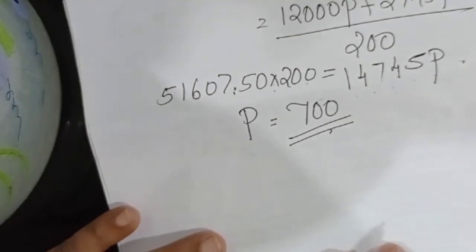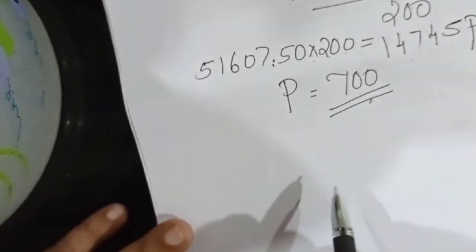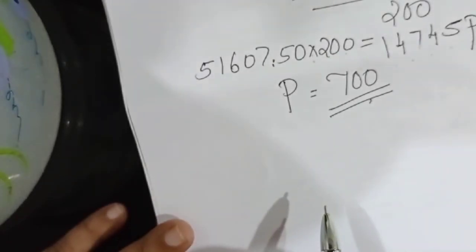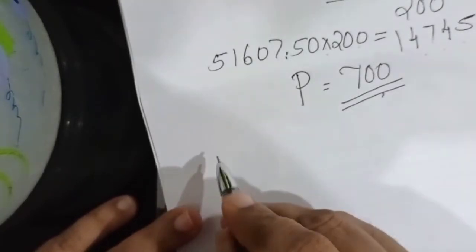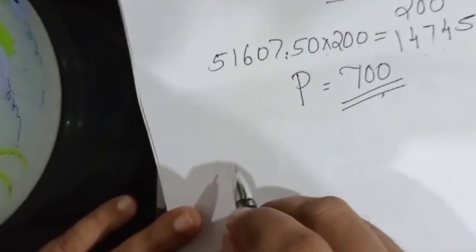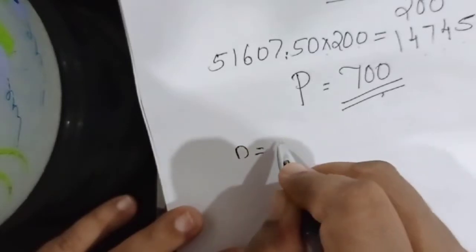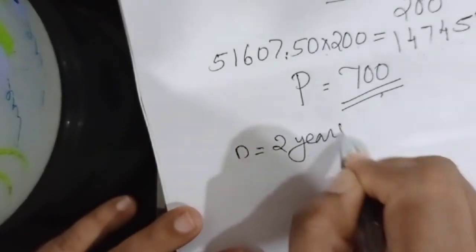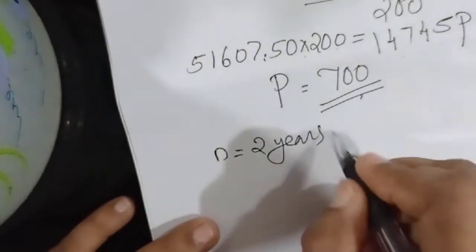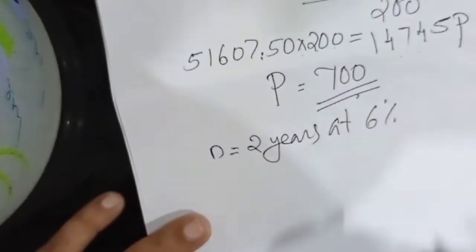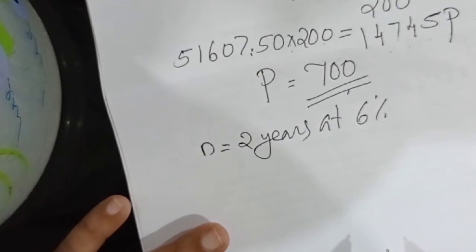Write down the next type. Mohan has a recurring deposit account in a bank for 2 years at 6%.